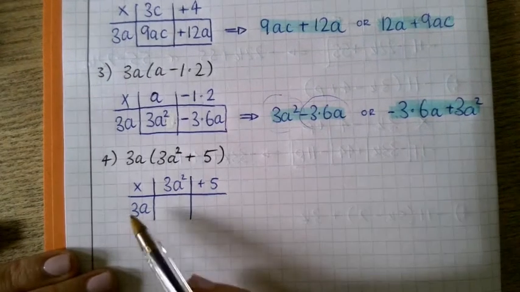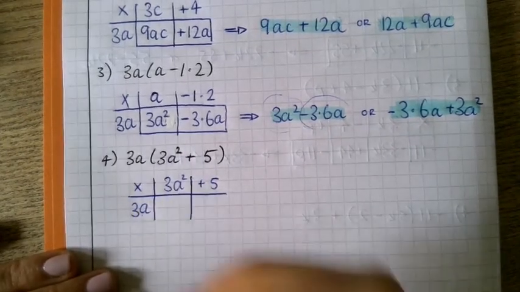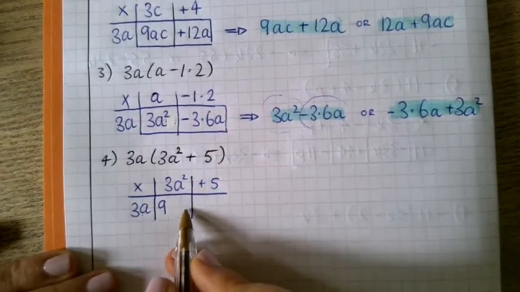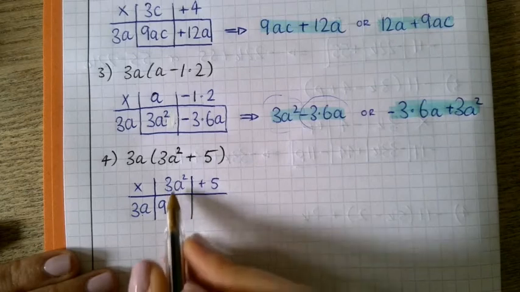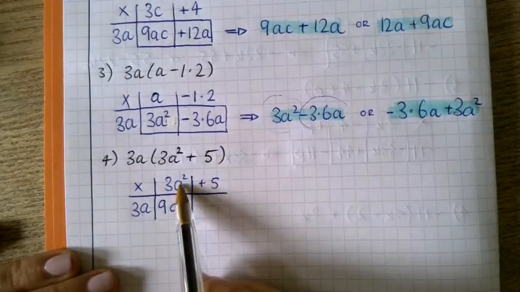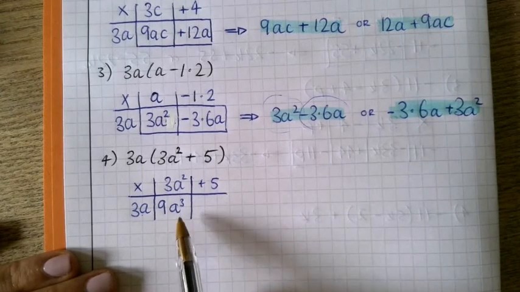So 3a multiplied by 3a squared. Firstly, 3 multiplied by 3 is 9. And then this is not going to be a squared a. A squared multiplied by a is a cubed, because we have 3 of the same thing multiplied together now, and that's the same as cubing it.